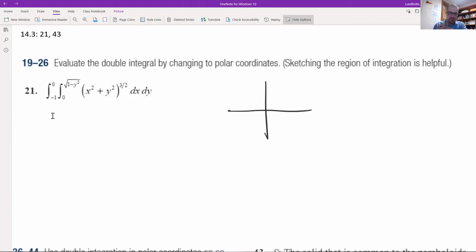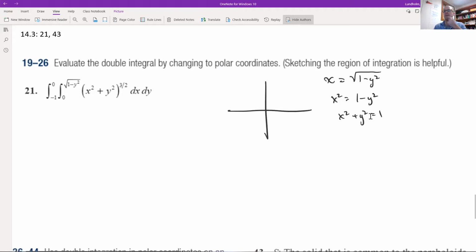All right, so sketching this region. What this says is our x values go from 0 to the square root of 1 minus y squared. So we've got to think about, what does the function x equals the square root of 1 minus y squared look like? Well, we could get a nicer view of this if we squared both sides, and then add y squared to both sides.